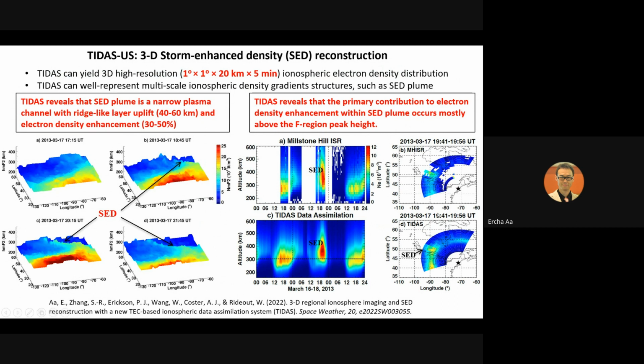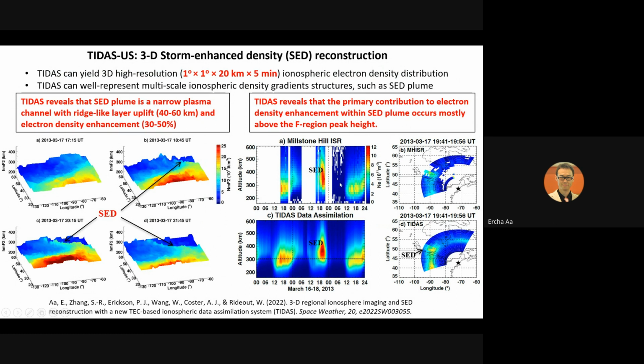We can take a look at the right panels as well. So this is the electron density distribution as a function of universal time and altitude. So this is the Millstone Hill ISR measurement. So we have some data gaps. This is the zenith antenna, and this fan-shaped electron density distribution is measured by the steerable antenna, which can do the wide range azimuth scan.